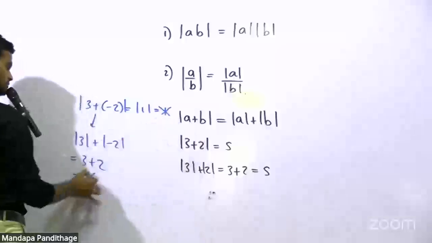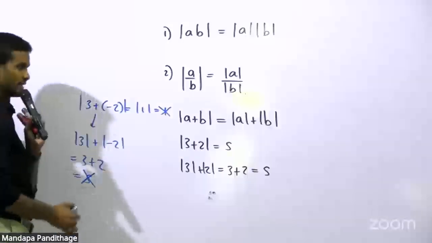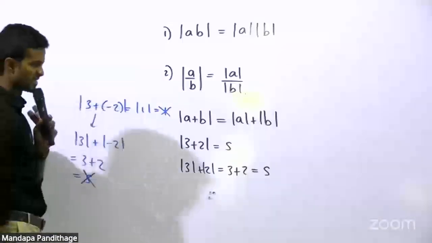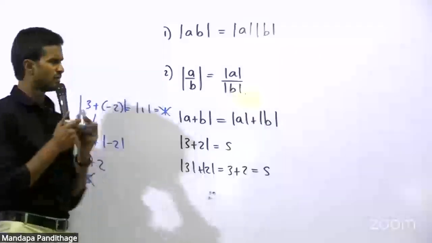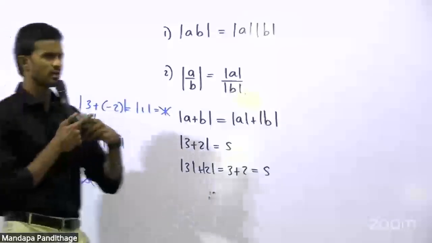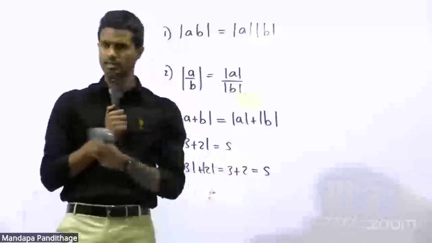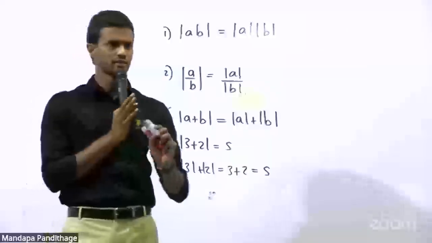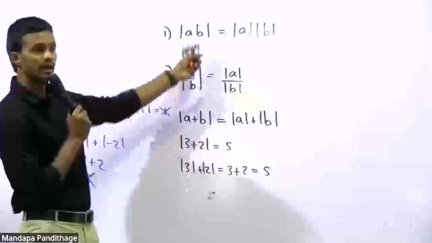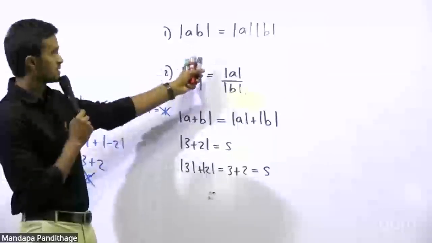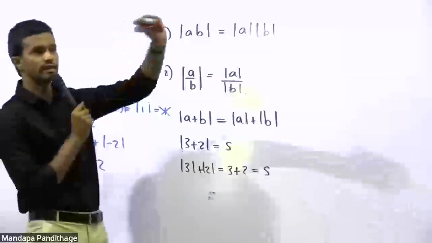So it's wrong. You might say, okay, if it is positive it is correct, and if it is negative it is not. Then why should we have a mathematical property that is correct only when positive and wrong when negative? We don't do that. We write mathematical properties if they are correct for everything, any real number.